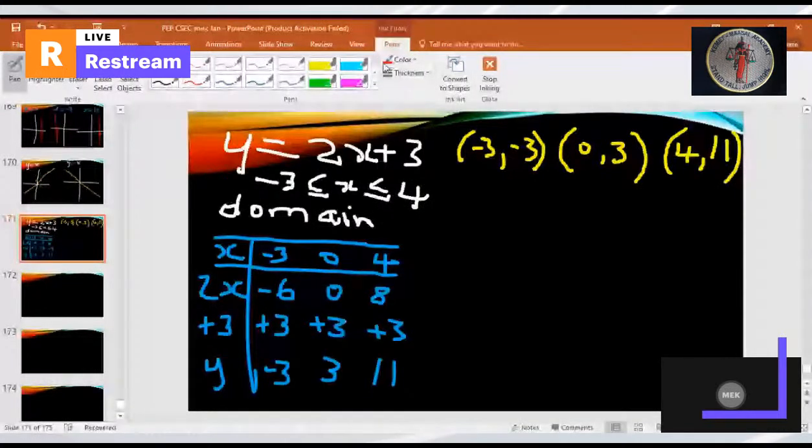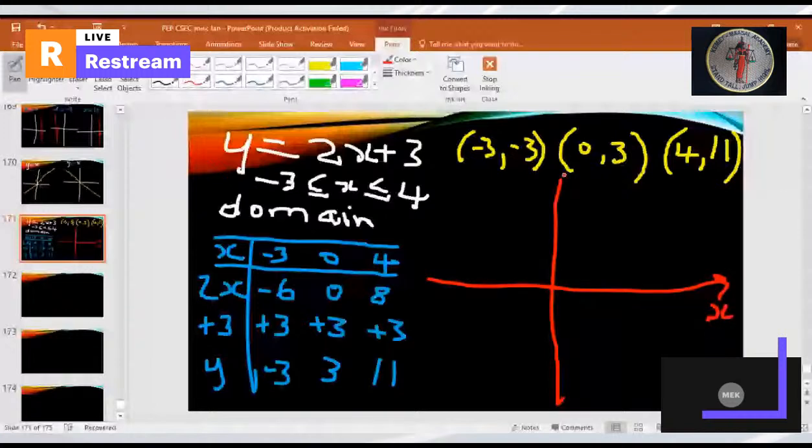So we put in our x-axis, and put in our y-axis. Here we have 0. The scale on the x: 1, 2, 3, 4, negative 1, negative 2, negative 3.